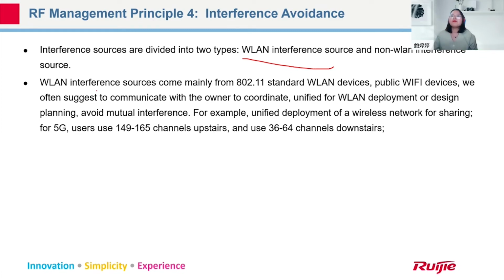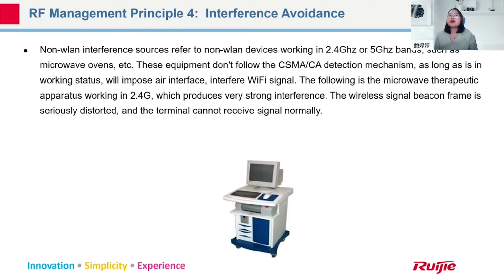And the other we call non-WLAN interference. These devices don't use a wireless protocol like 802.11, and this equipment also doesn't follow the communication mechanism, CSMA/CA. CSMA/CA is a mechanism between the AP and the station for how to detect other devices and how to avoid interference. This is a detection mechanism.